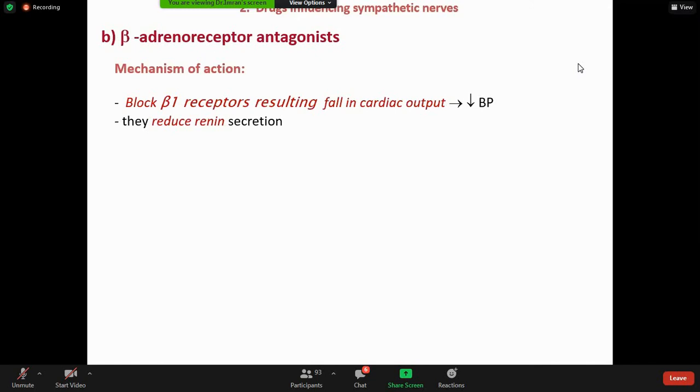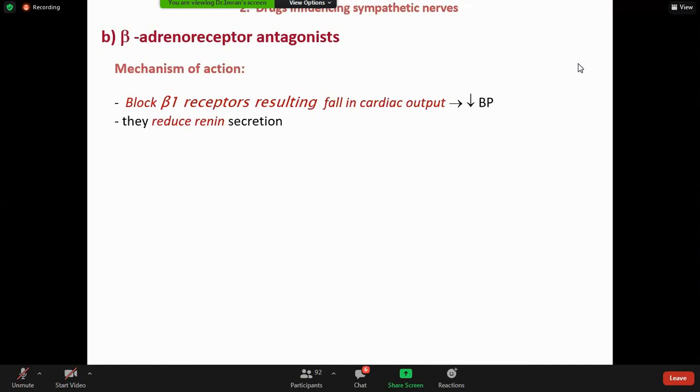Angiotensin 2 induces vasoconstriction as well as aldosterone activity, and aldosterone enhances the reabsorption of sodium, and water moves along with sodium.